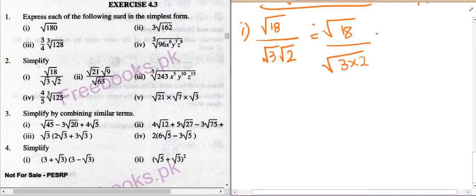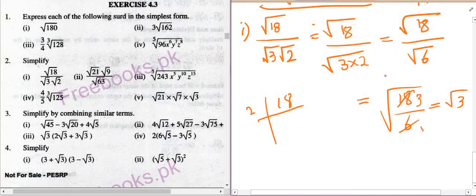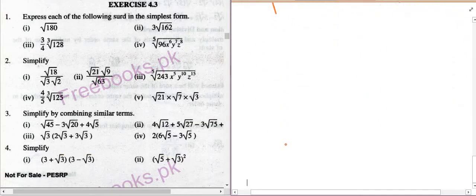And what about 18? Write the multiples for 18. 18 divided by this 6, and it becomes square root 3. 6 1s are 6, 6 3s are 18. You can write it like this also, or there is another way. First write the multiples, and you can also cut the terms, cancel the terms.